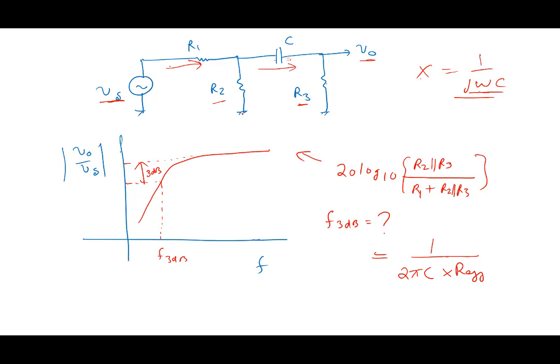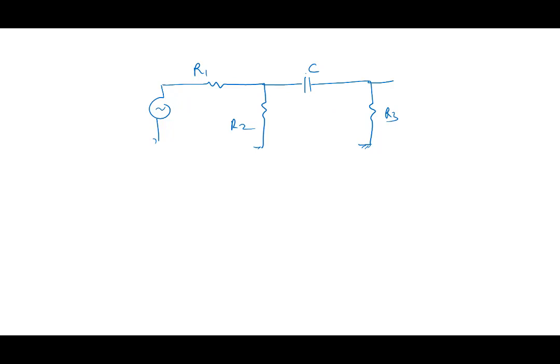The way we find R effective is, let's go to that circuit. We have this circuit here, with a capacitor and R1, R2, R3, and this is C. So R effective is nothing but the effective resistance seen by C. Now how do we do that?